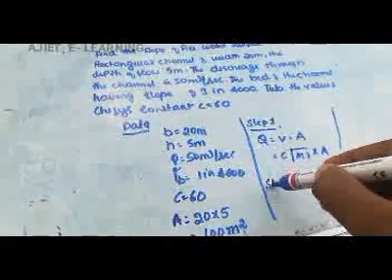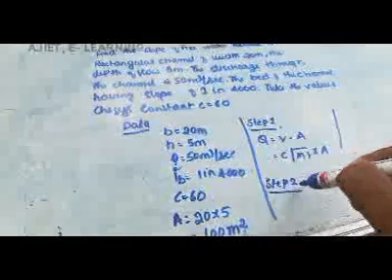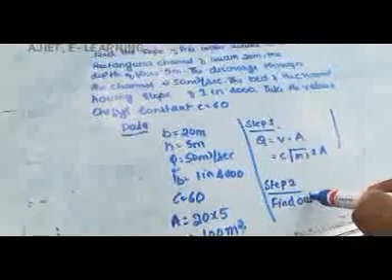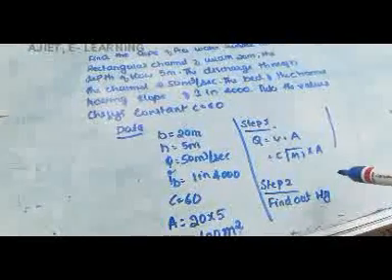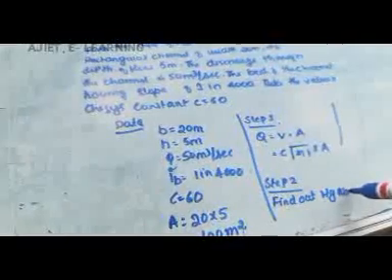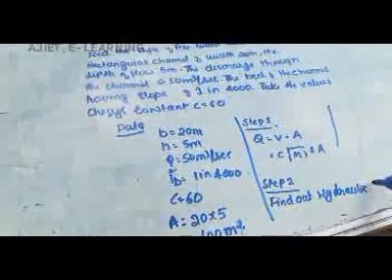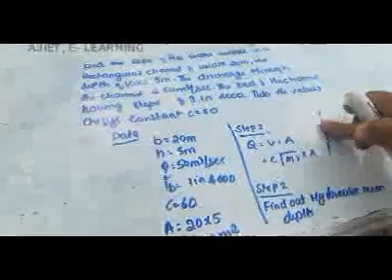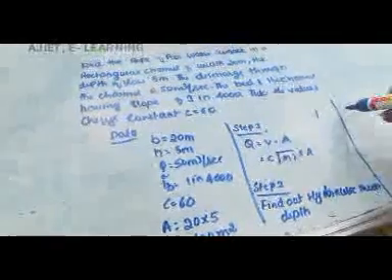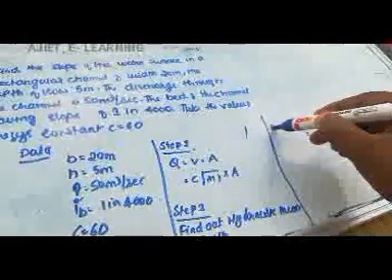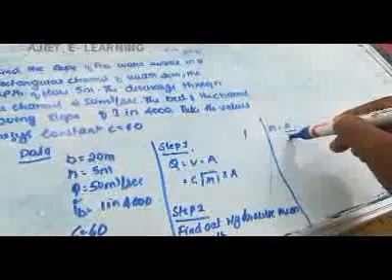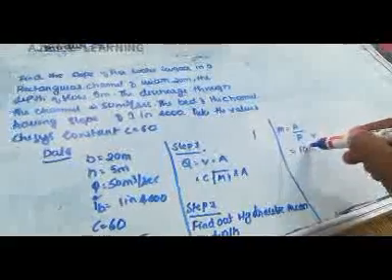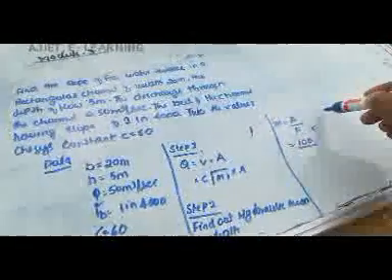Simple. So how we can find out M? First we find out, step 2, the hydraulic mean depth. That is M is equal to A by P. So M is equal to A, area 100, and P is equal to B plus 2H, that we know.